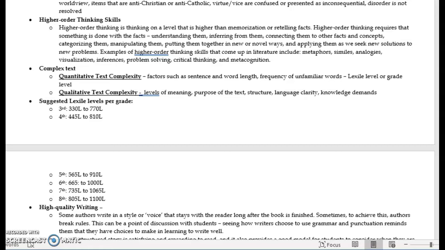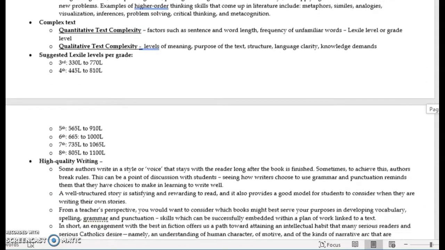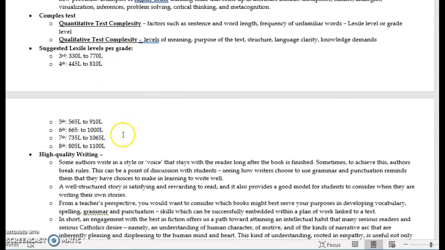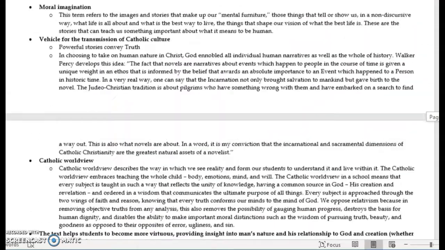Qualitative text complexity is more about the layers or levels of meaning, the purpose of the text, the structure, the language clarity, and knowledge demands, as in the background knowledge of the student that is required in order to comprehend the text. And I included some suggested Lexile level ranges per grade. We don't have to stay exactly within these suggestions, but it gives some idea of where we should be per grade.